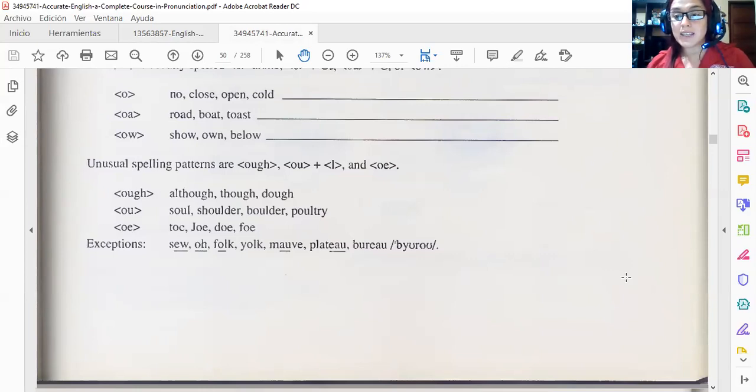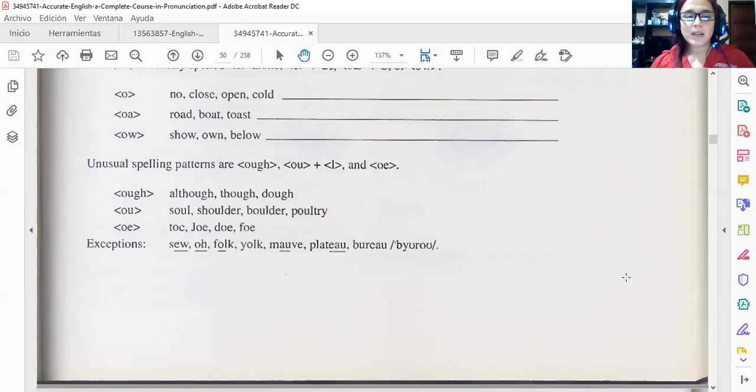If you say though, you're touching the part called the tooth ridge, just behind the upper teeth. That is the D sound. But when you do the other sound, it makes a huge difference, okay?